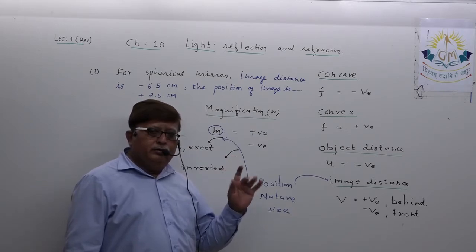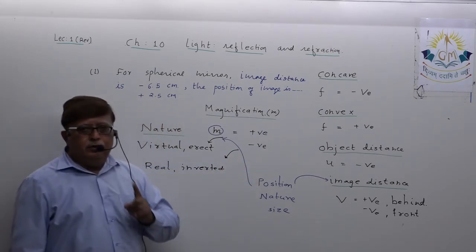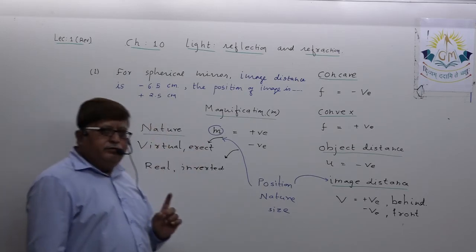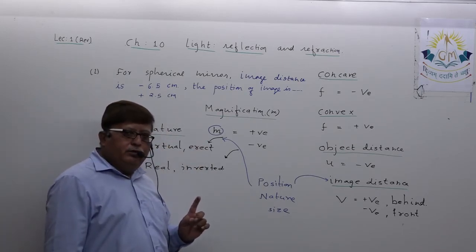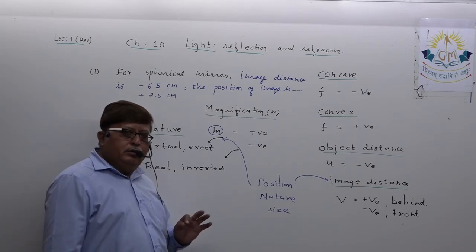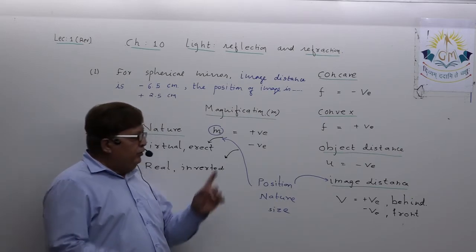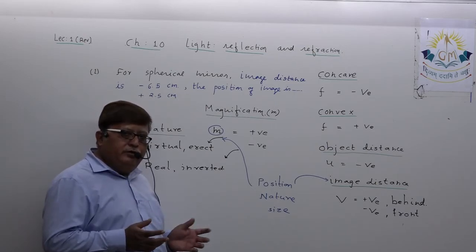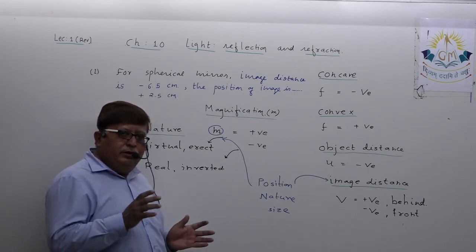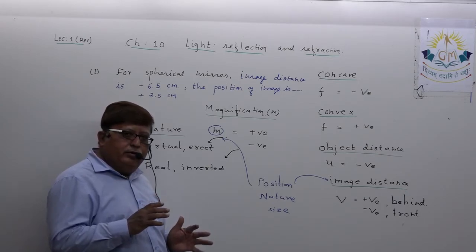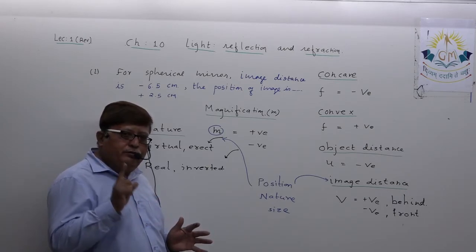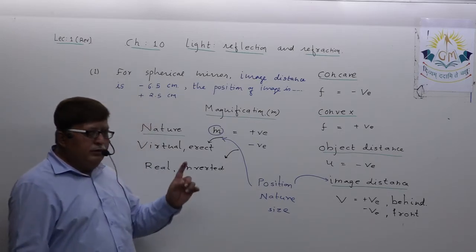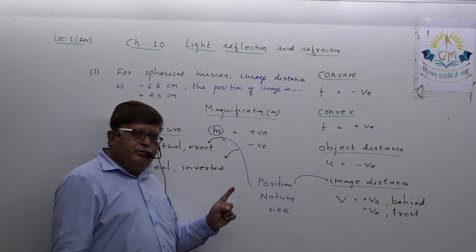That you all know: concave mirror, focal length is always negative. Convex mirror, focal length is always positive. Object distance, whether the mirror is concave or convex, is always negative. Next, image distance.